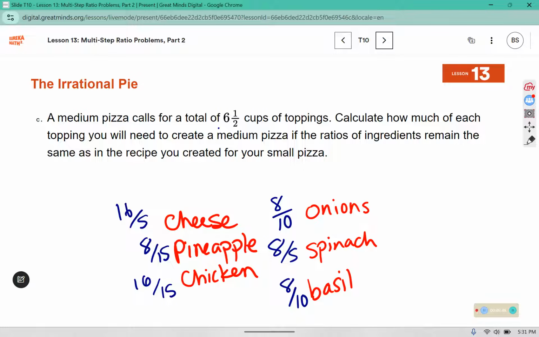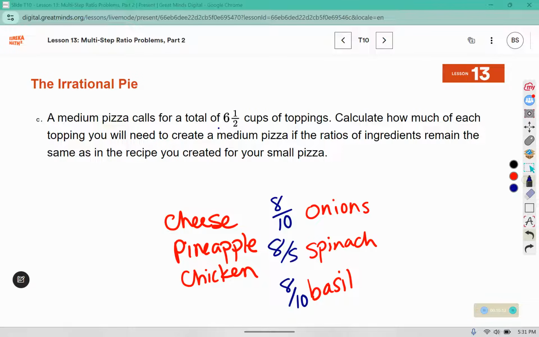The medium pizza calls for 6.5 cups of toppings. Calculate how much of each topping you will need to create a medium pizza if the ratio of ingredients remains the same as the recipe you created for your small pizza. So I'm going to change these all back to my small pizza amounts.